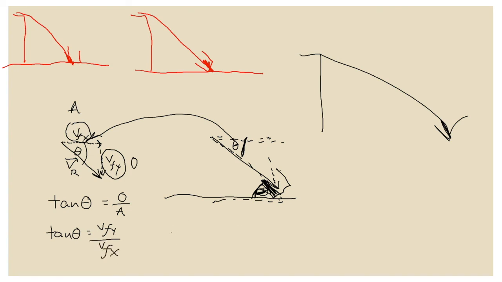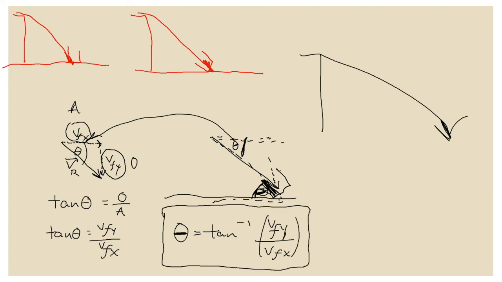And I'll just write this over here, to find that angle, we use the inverse tangent of the ratio of the y velocity to the x velocity. And that's our equation. Where, of course, VFY is the final velocity in the y direction and VFX is the final velocity in the x direction, and we already know that.